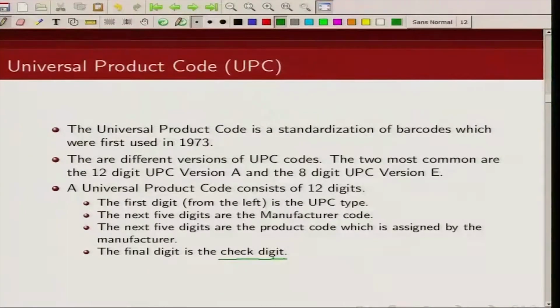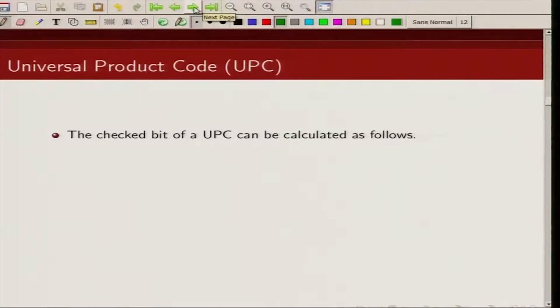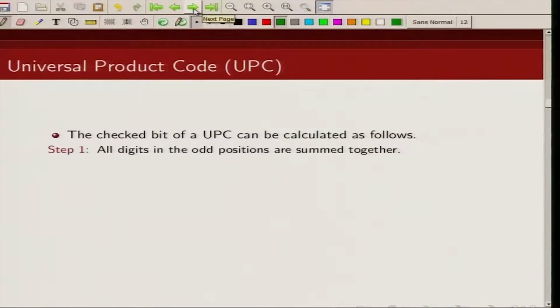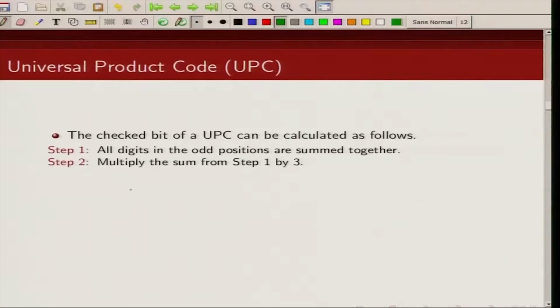So how is this check digit computed? This check digit is computed as follows. All digits in the odd positions are summed up. So you have this UPC number which is like A1, A2, A3, A4 up to A12. Then what you are going to do is add up all the digits in the odd locations, that is A1, A3, A5 like that, and multiply the sum by 3.